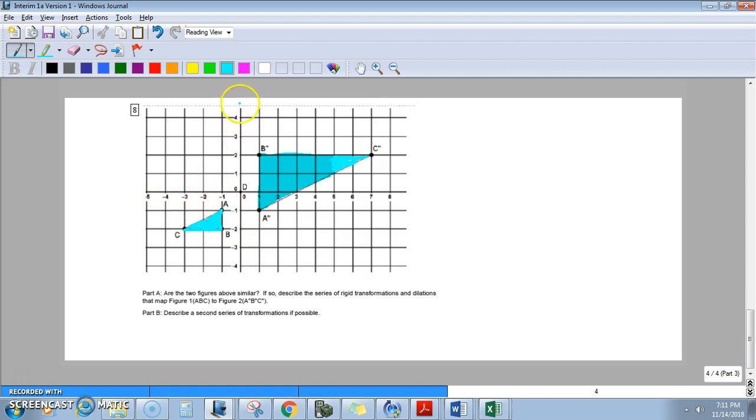Okay, so I think what a lot of you did, the first thing you did is you rotated this triangle by 180 degrees. And what that did is it put it here. If you rotated it 180 degrees, it lined up your B's.